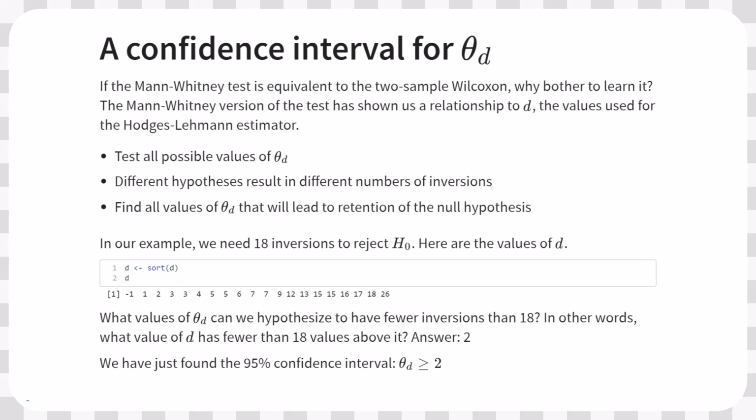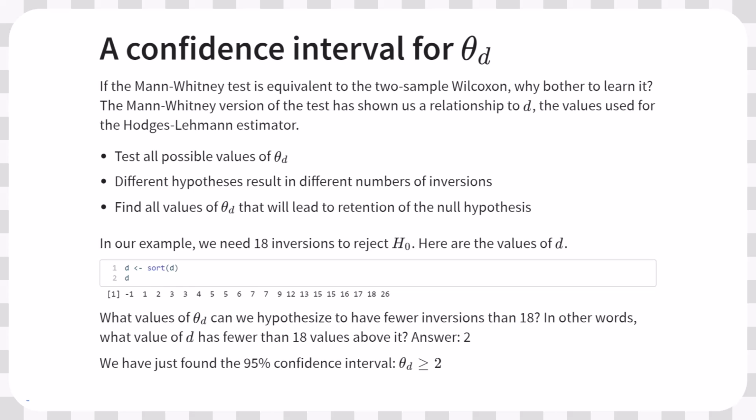If the Mann-Whitney test is equivalent to the two-sample Wilcoxon, why bother to learn it? The Mann-Whitney version of the test has shown us a relationship to d, the values used for the Hodges-Lehmann estimator. That estimator provides us a sample statistic to indicate the size of our treatment effect, but it also provides us a means to a confidence interval.